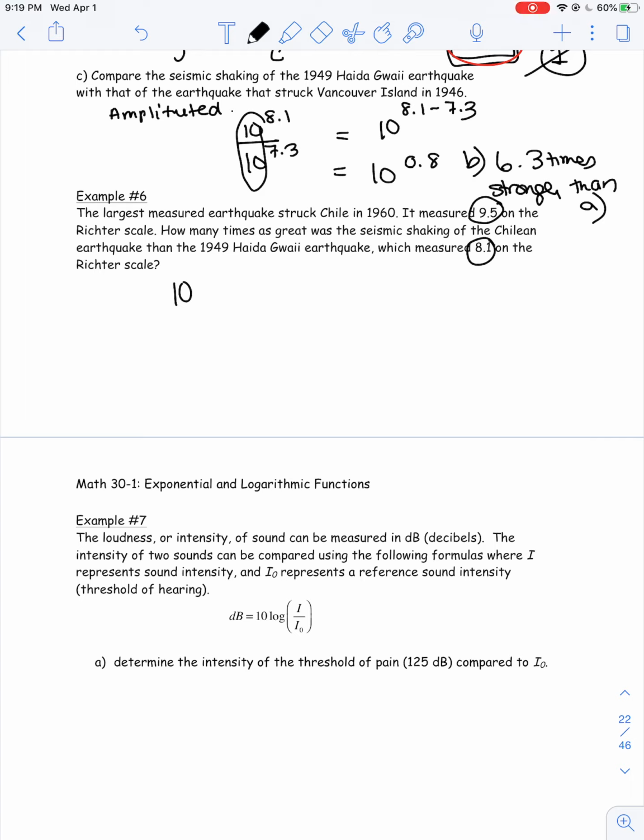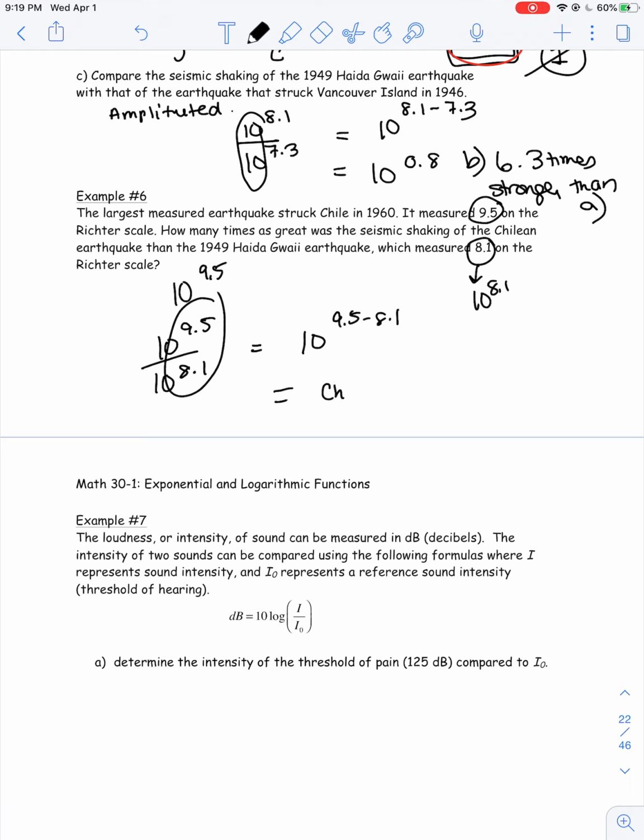So if they're giving you the magnitude, you write 10 to the power of 9.5, and the other one would be 10 to the power of 8.1. Whenever you want to compare them, take the higher one and divide it by the lower one. Just like in the previous question, with 10 to the power of 9.5 minus 8.1, you subtract the powers to simplify your bases. So 10 to the power of 9.5 minus 8.1 gives me 25 times larger.